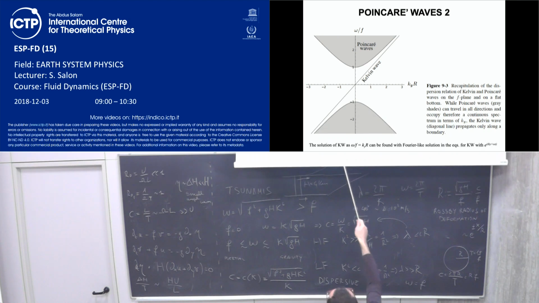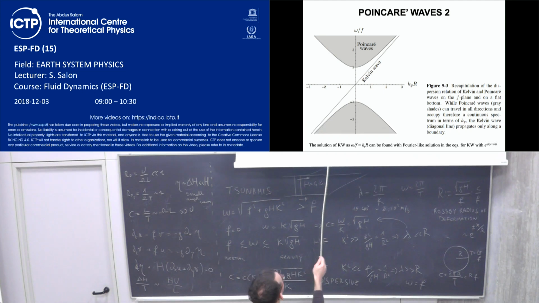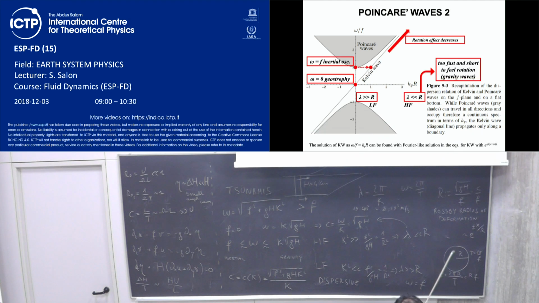The Poincare waves, since they are dispersive, can assume different values according to the value of k, while the Kelvin wave is strictly related to k_y multiplied by R. In particular, when omega is equal to 0, we have geostrophy. When omega is equal to f, we have inertial oscillation.